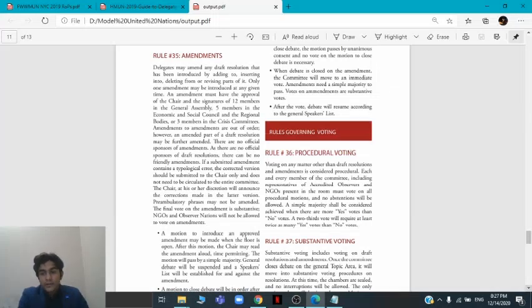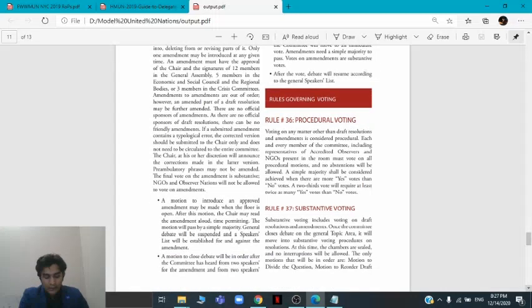As we mentioned earlier about procedural voting and substantive voting in the introduction to draft resolution, we also need to further discuss what the terms procedural voting and substantive voting mean. Procedural voting is voting on any other method in draft resolution, and it includes voting for roll call, voting for formal session, voting for unmoderated caucuses, and all those kinds of motions.